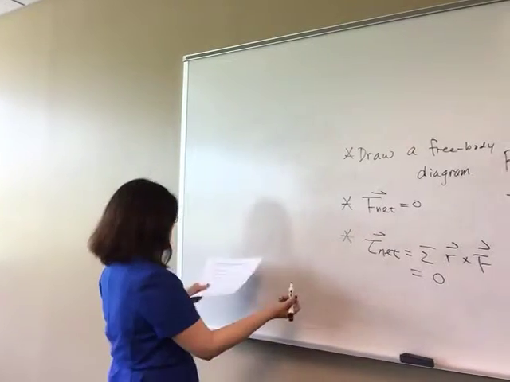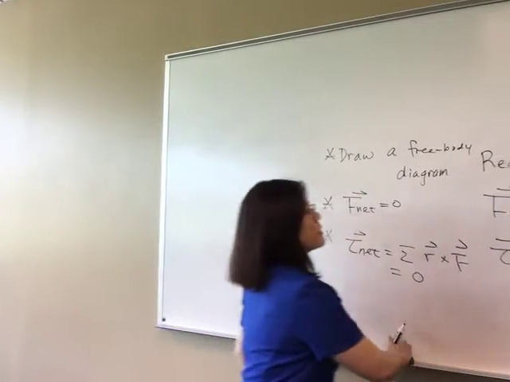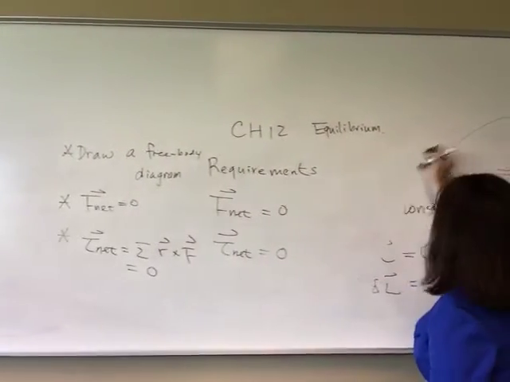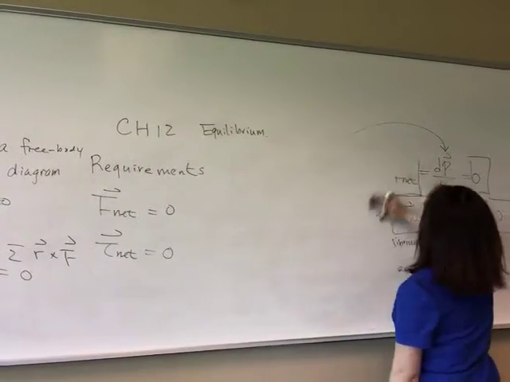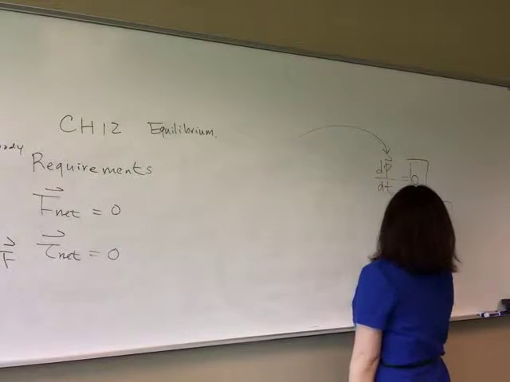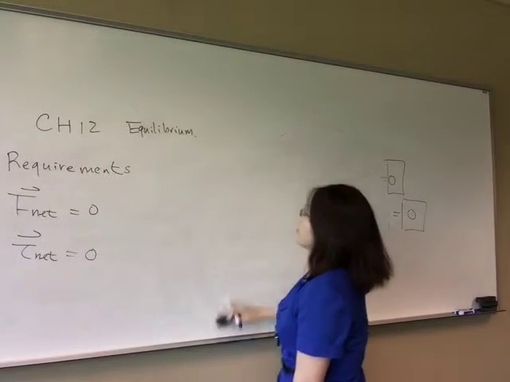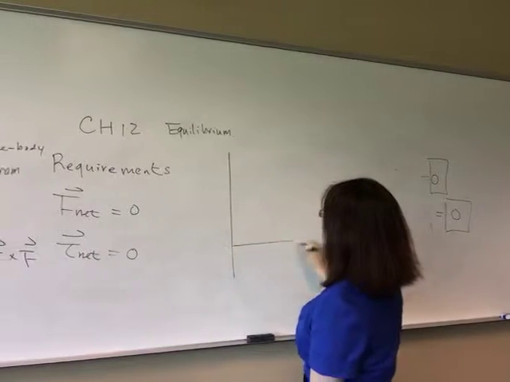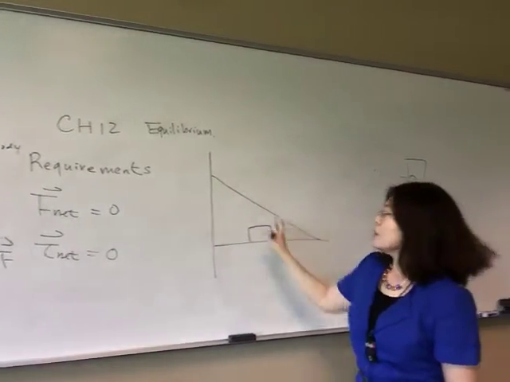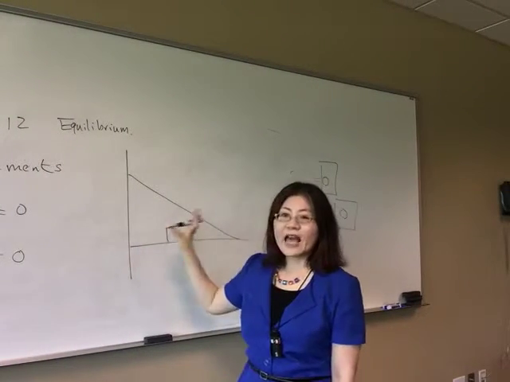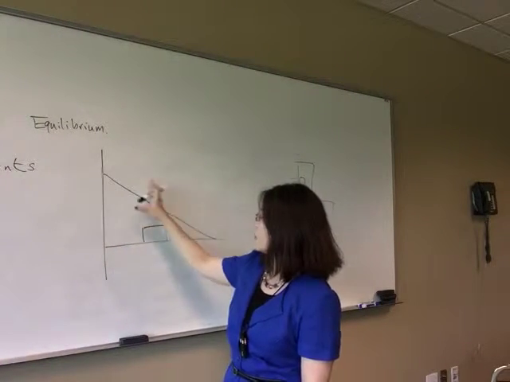So take, for example, let's see, what example can I give? We're going to do a lot of problems to apply this concept. So let's say you have an object right here. You will have to find out what are the forces acting on the system.